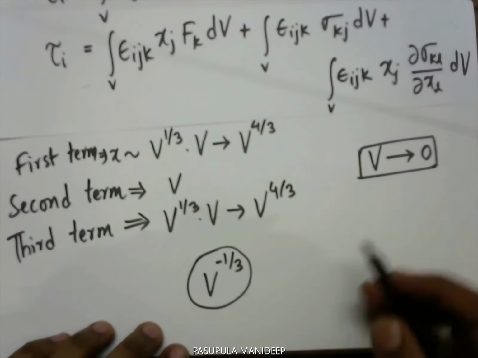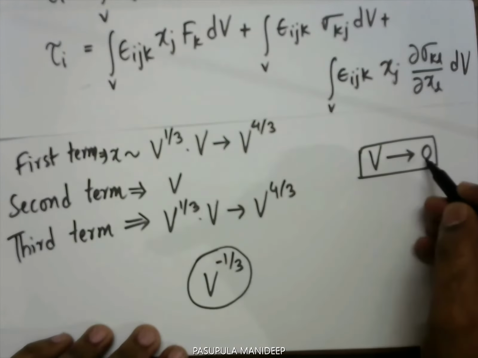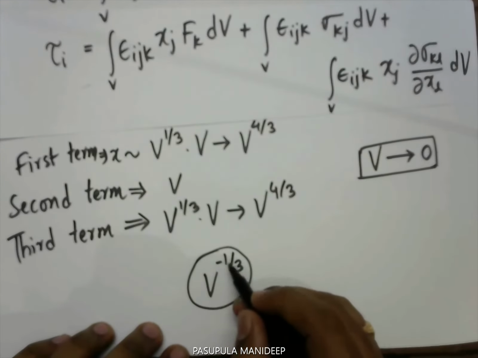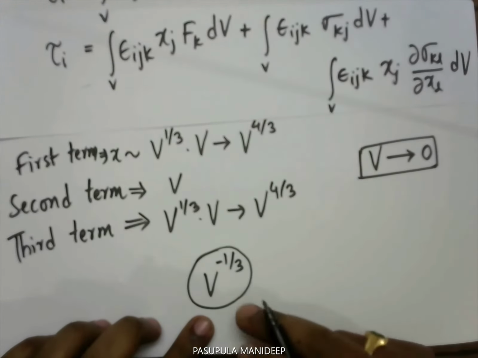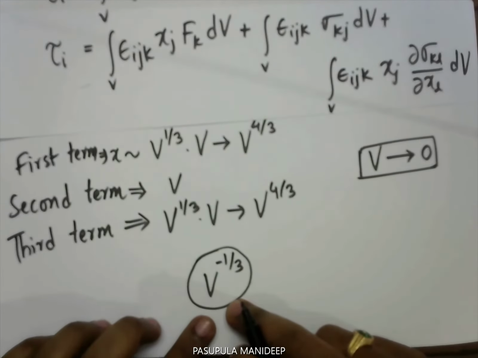When the velocity is close to 0, this v power minus 1 by 3 term will have an absurdly large value.